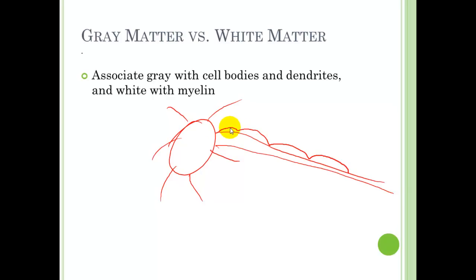Now what this allows is for speed and efficiency as far as action potential goes, or the electrical movement in the axonal body. When it's myelinated, it is allowed to essentially skip over these gaps here. The action potential keeps going, but to speed and enhance the responsiveness, that's what the myelin sheath is for.